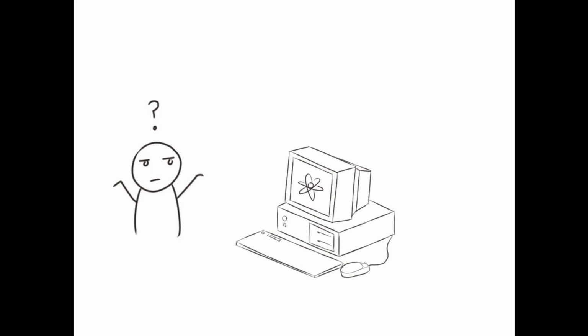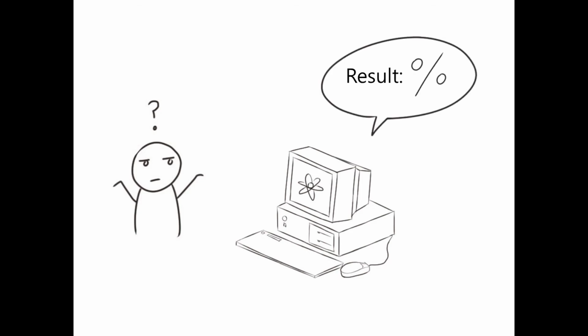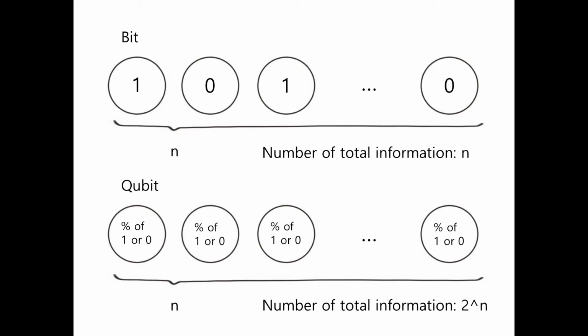So, as a result, can you expect what you can have? We can get a probabilistic result. We can get the probability to be 1 or 0 in one qubit. So how can this result be an advantage of a quantum computer? It is simple.